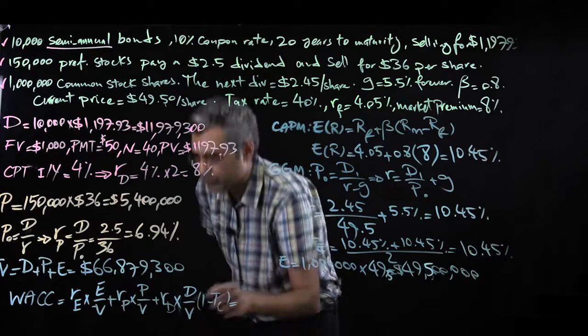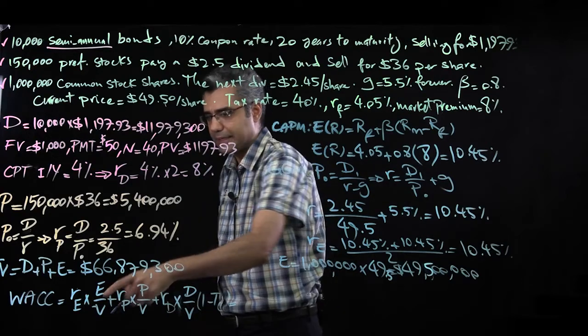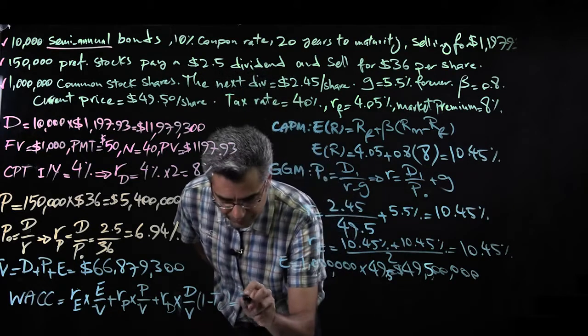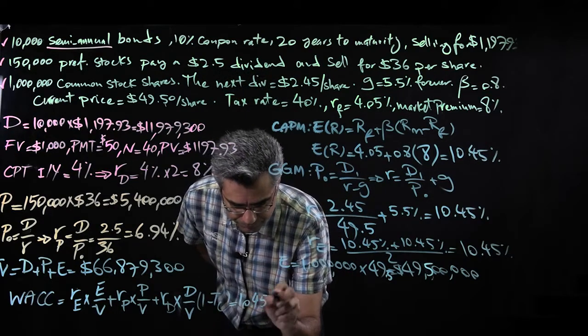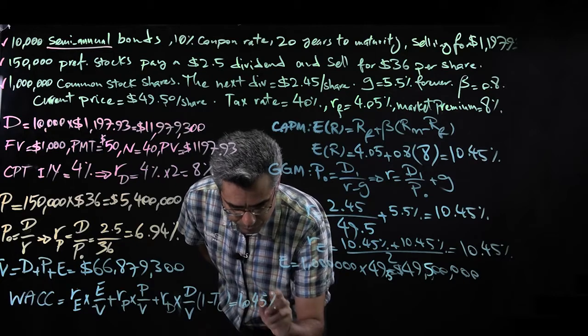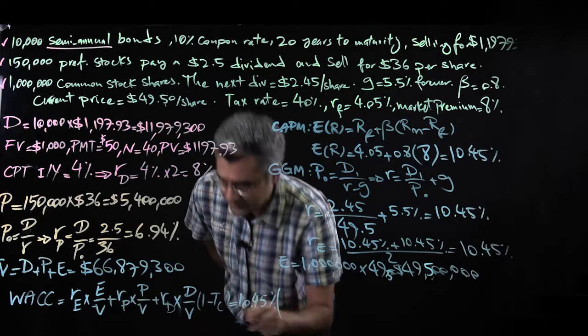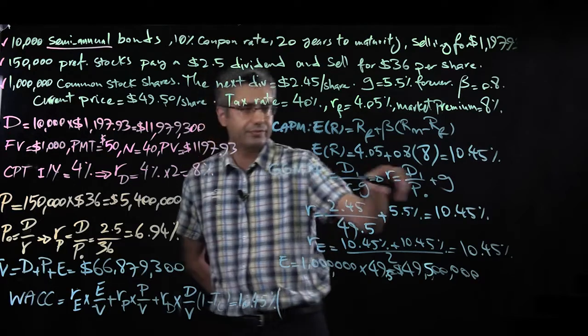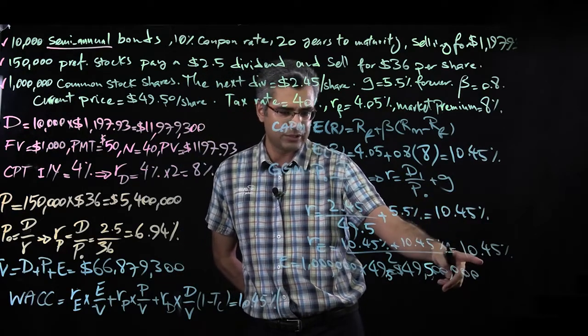Now we put it all in. RE, the cost of equity, is 10.45%.